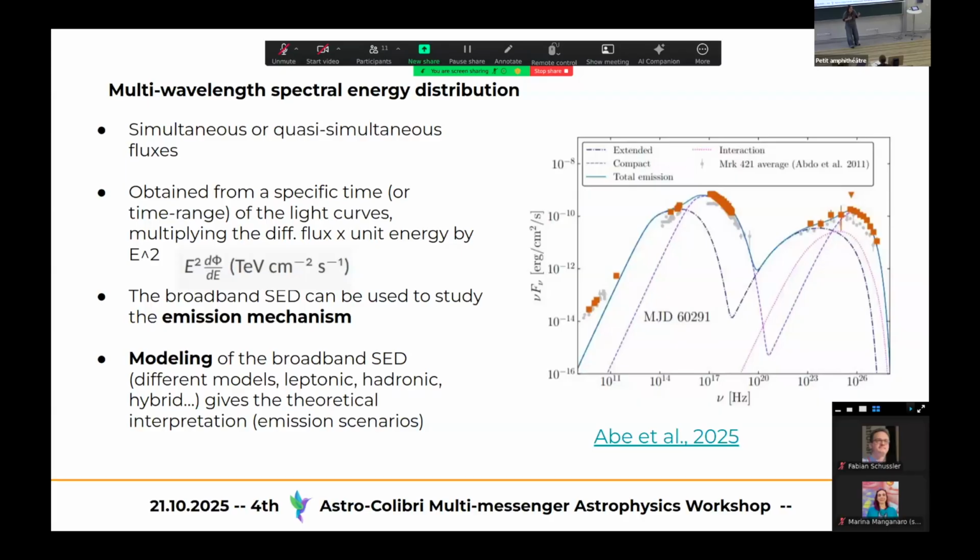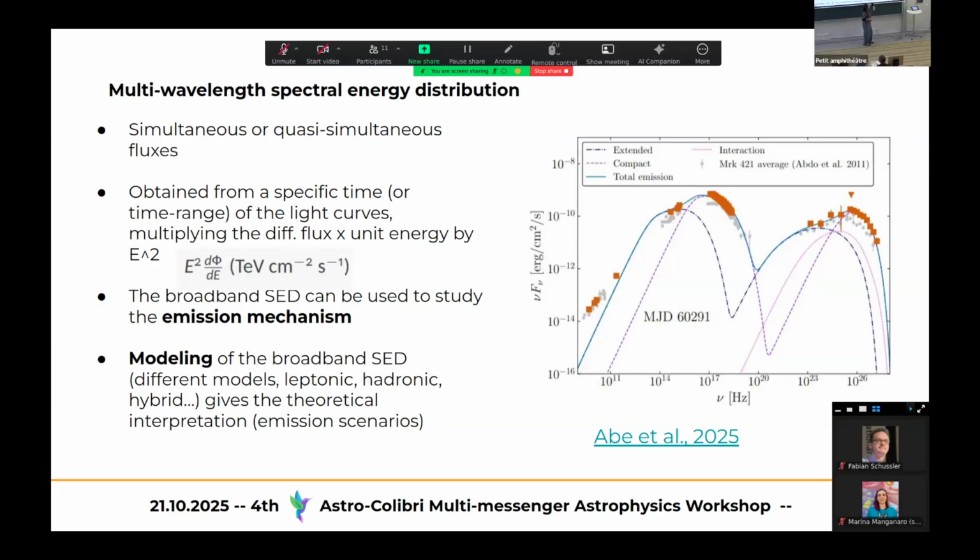When you have the data, this doesn't take much time. And with this spectral energy distribution, when you have high energy data, it's a camel, otherwise it would be a dromedary, but I focus on the camels.